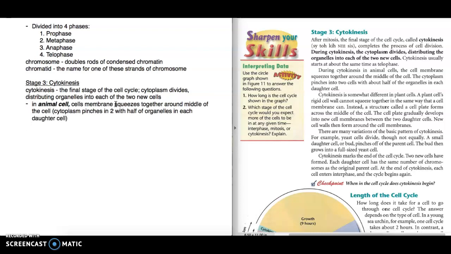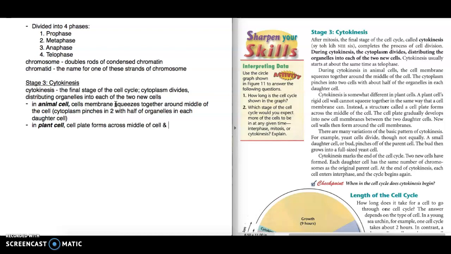Now conversely, in plant cells, a cell plate is going to form. And as this is happening, that's an and sign.